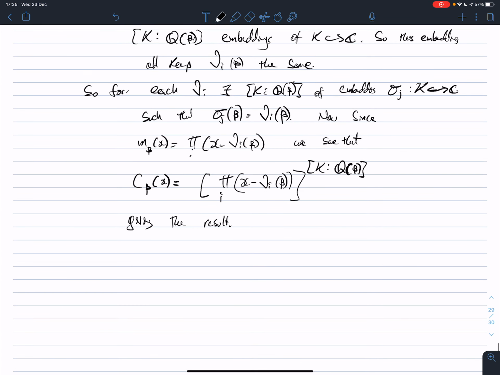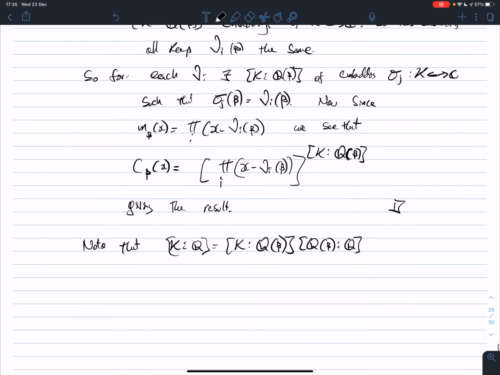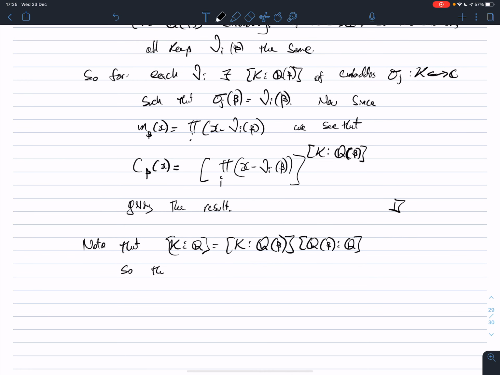One thing to note is that this degree, by the tower law, is the same thing as the degree of K over Q beta, and then from Q beta down to Q. So the power that we get is correct.